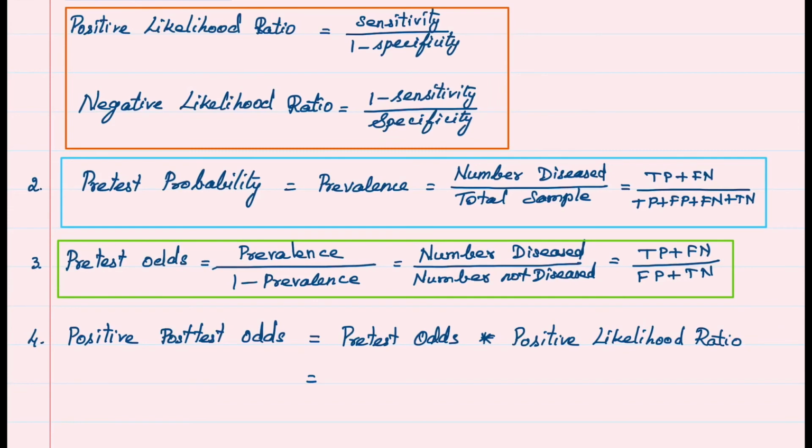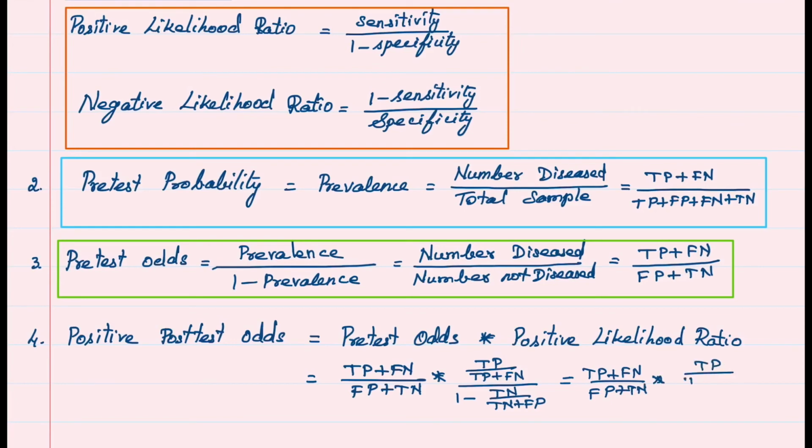Now pretest odds is TP plus FN divided by FP plus TN times positive likelihood ratio. Sensitivity is TP upon TP plus FN, 1 minus specificity. Specificity is TN divided by TN plus FP. Let us take LCM and simplify.